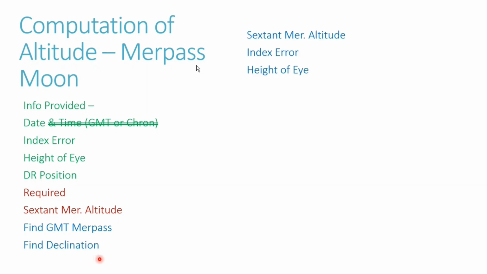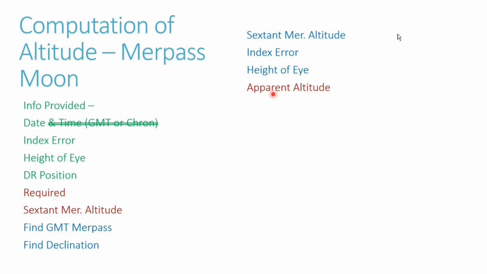a meridian passage calculation. In a meridian passage calculation, we were given the sextant meridian altitude of the moon. We applied the index error and the dip correction basis the height of eye of the observer, and we obtained the apparent altitude.